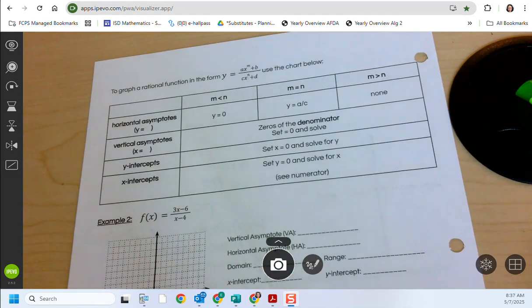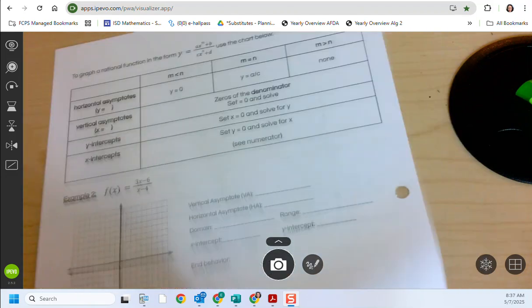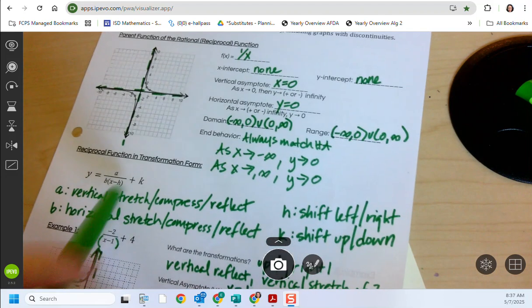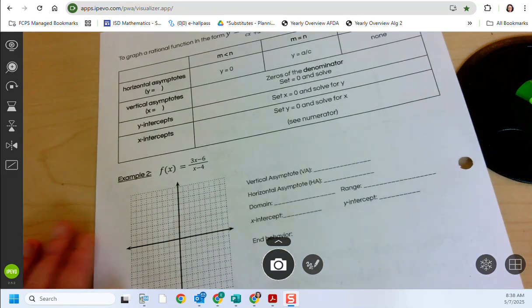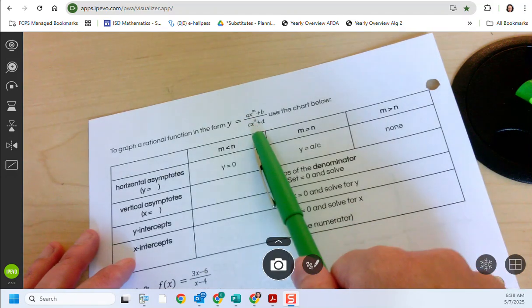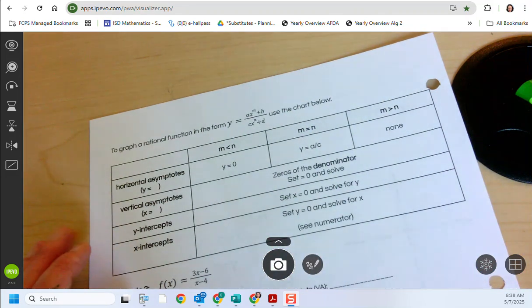All right. Notice that this one is not written in the same pattern as the other one. So because you can't describe it with this pattern, we need a different way to graph it. When you have your rational function in this format, then there are some rules for finding your asymptotes.